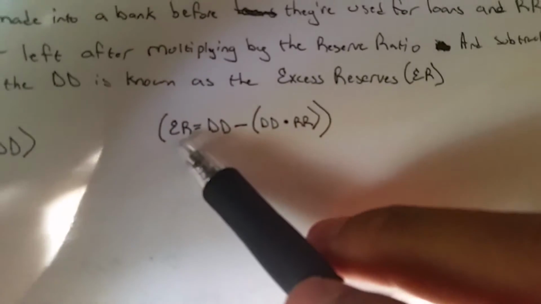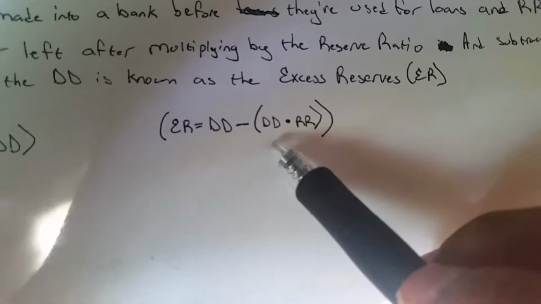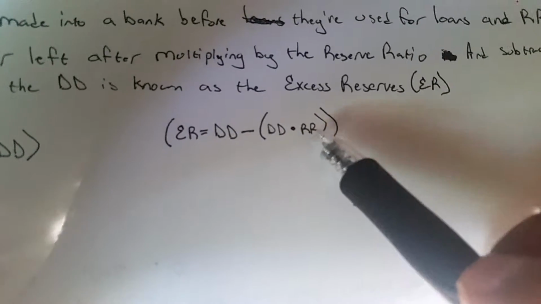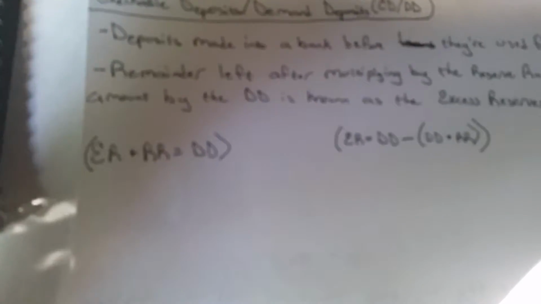Here's an example: ER equals DD minus DD times RR. And the ER plus the RR always equal the DD.